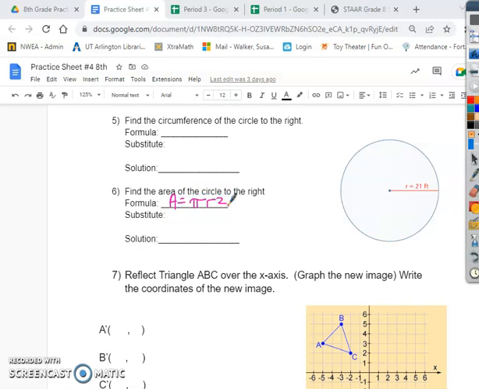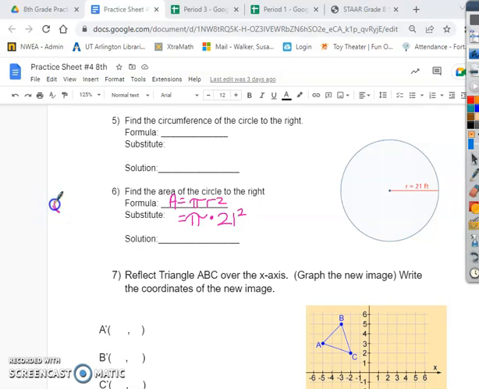Now the good news is here we have the radius. If they give us the diameter, we have to take half, but this time we don't. So I'm going to put in the pi button times the radius, which is 21. And then I think it's the symbol next to the 4, which gives you a little 2 in the air. So you plug that in.